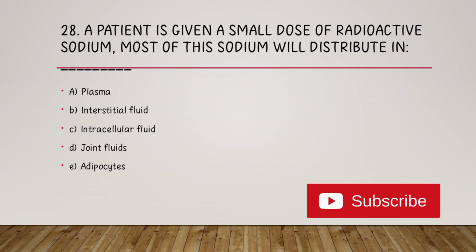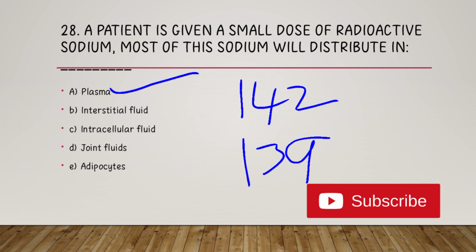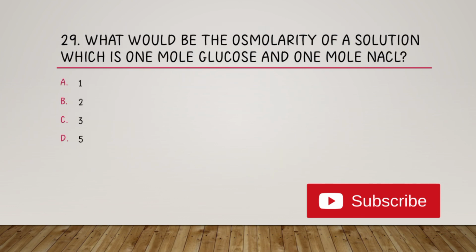The right answer here is A, plasma. Why? Because plasma has a higher sodium concentration than the cell fluid. Plasma has about 142, while the cell fluid has about 139.